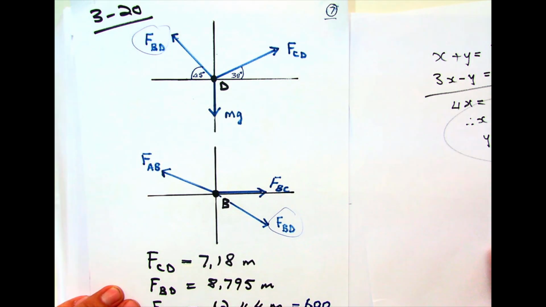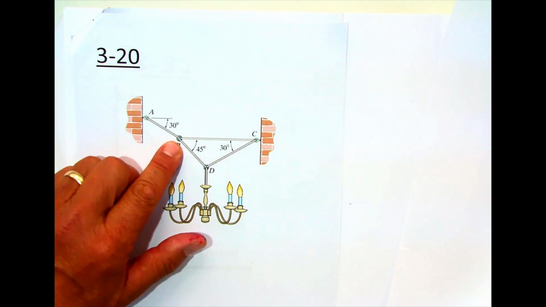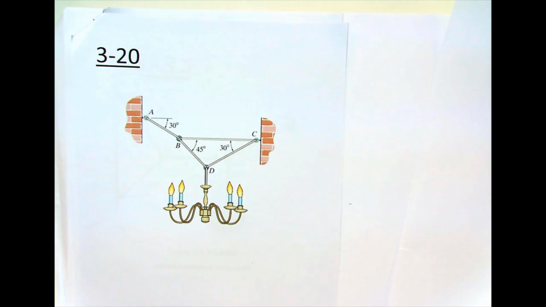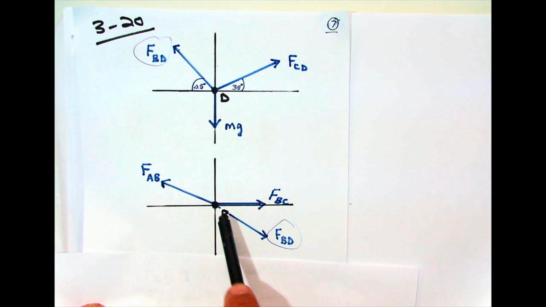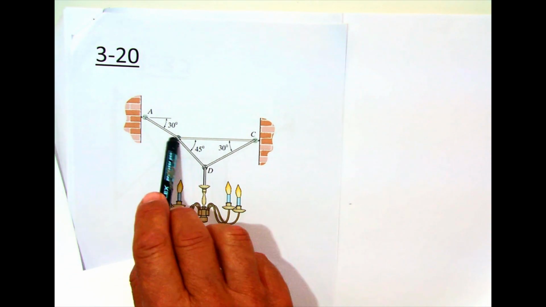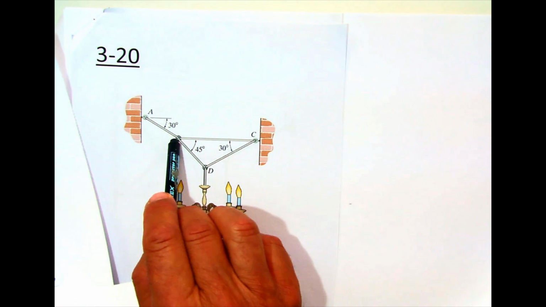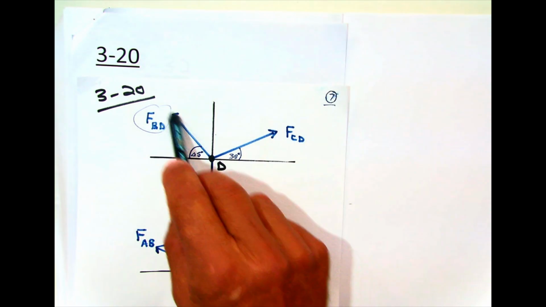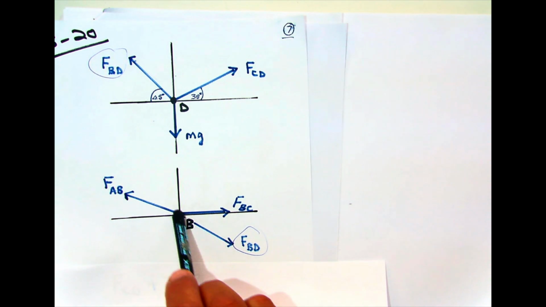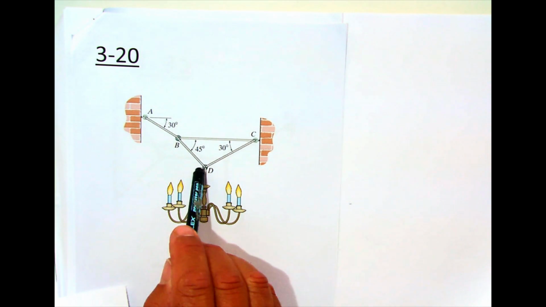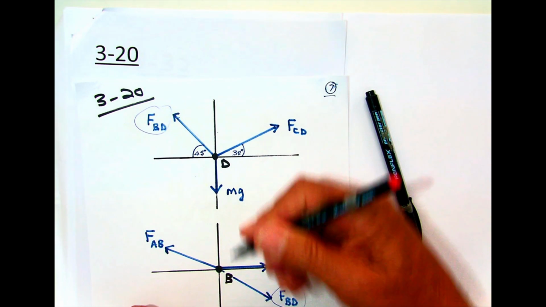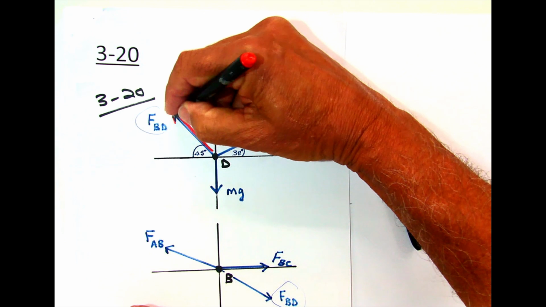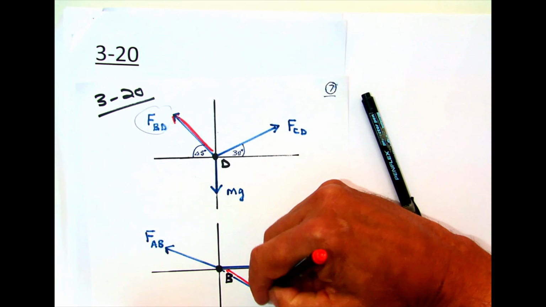And now you go to point B, that point over there, and you do exactly the same. Now for point B, this force here, BD, is the same at D and at B. At B, it's pulling in that direction, and at D, it's pulling in that direction. So that force there is the same as this force over here.